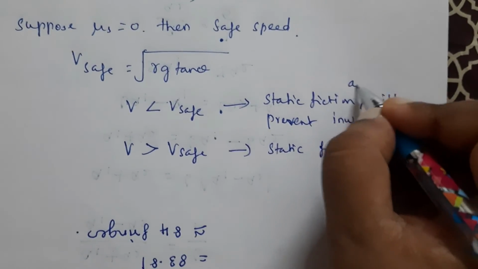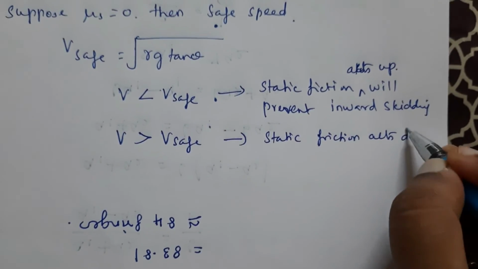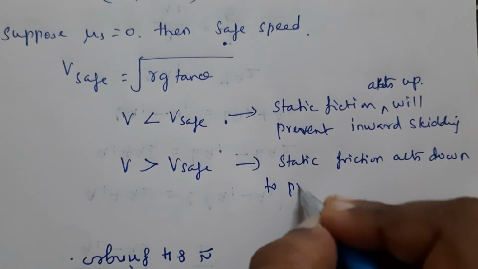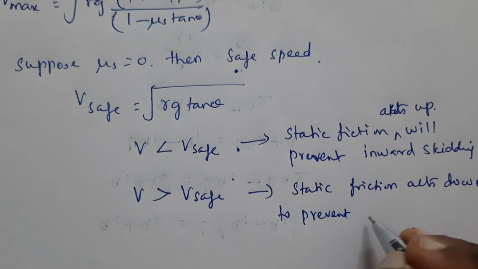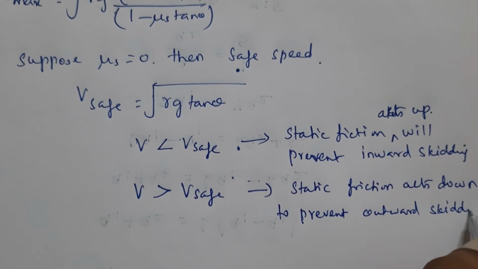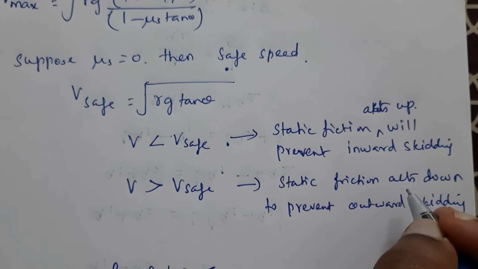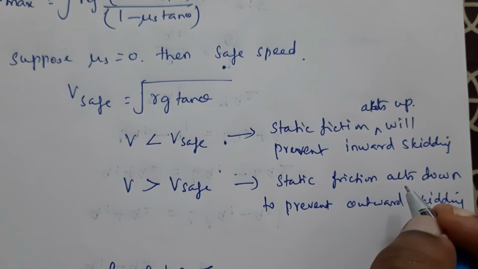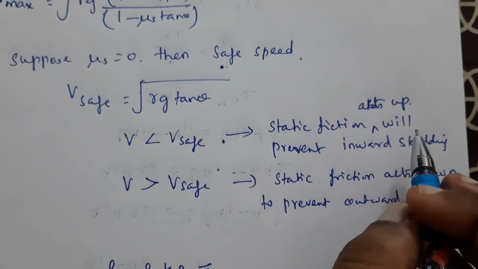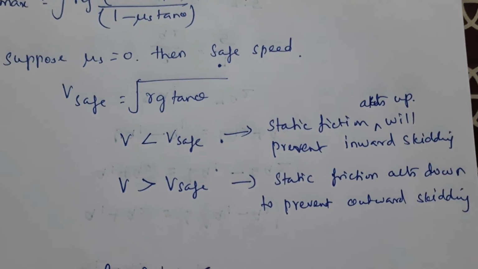Here it acts up, and here it will act down to prevent outward skidding. So for a safe turn, you should have this value.